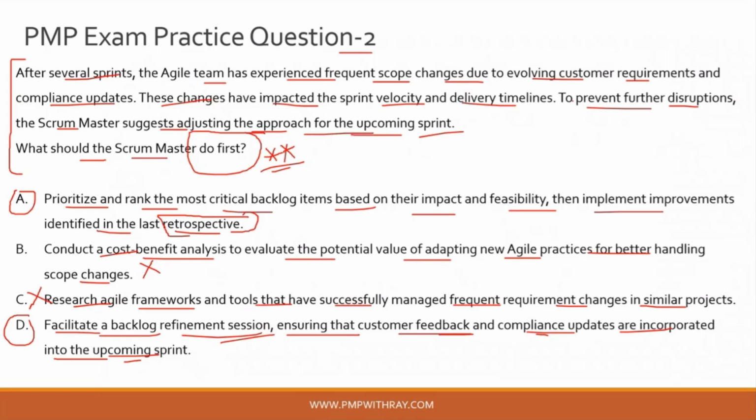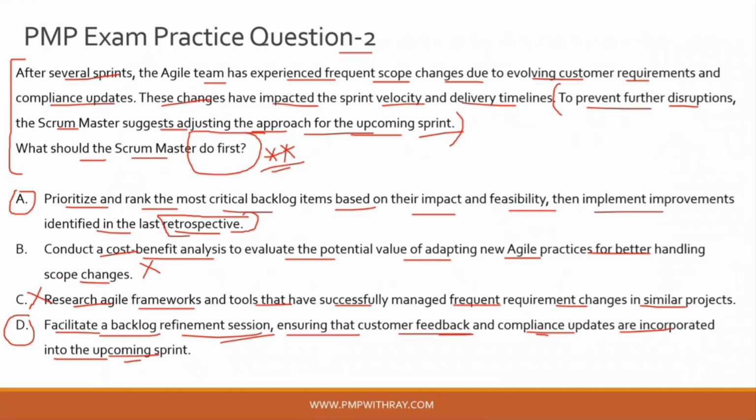Now this is categorically a hint that there is something within the scenario which you need to identify that will provide you with that aspect of learn from experience, right? And that is not something that option D is providing to you.